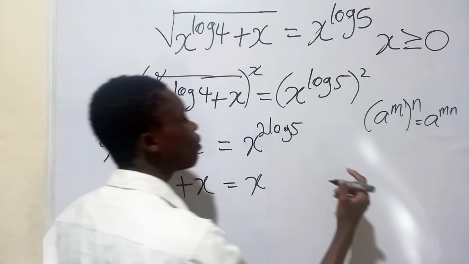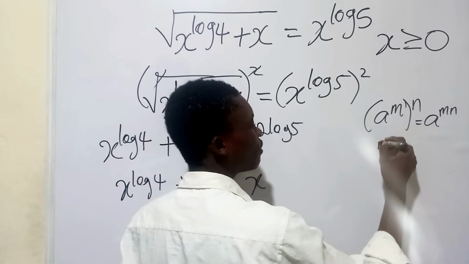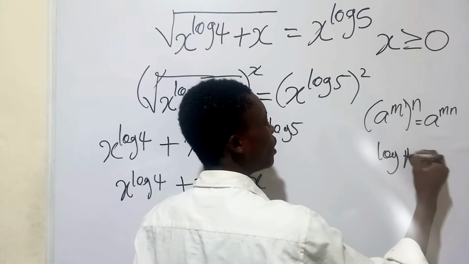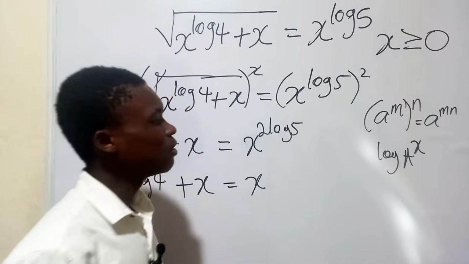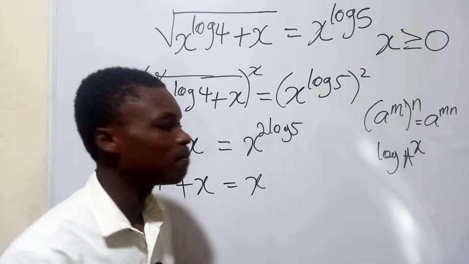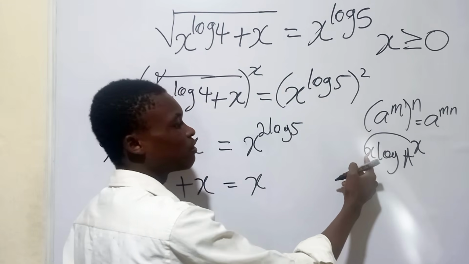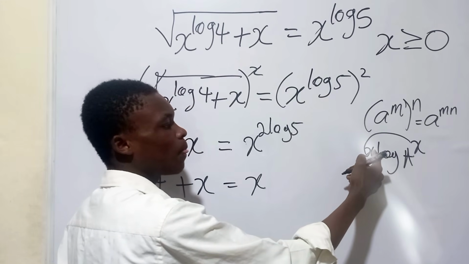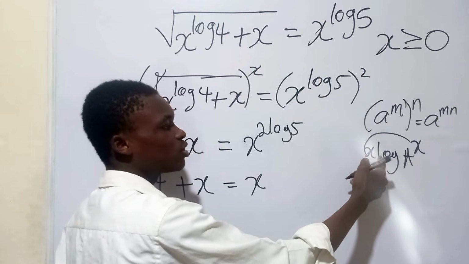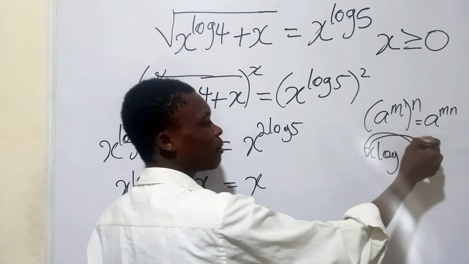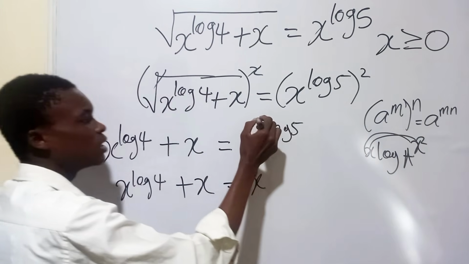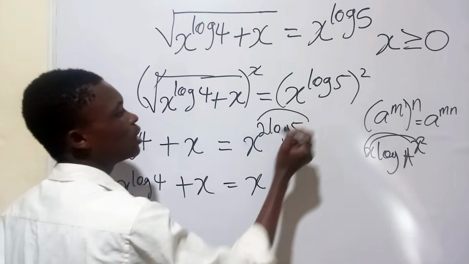Now from the power rule of logarithm, if we have a log with a multiplier in front, the term that is multiplying this log can return back to become a power. So these two are coming backward as a power.